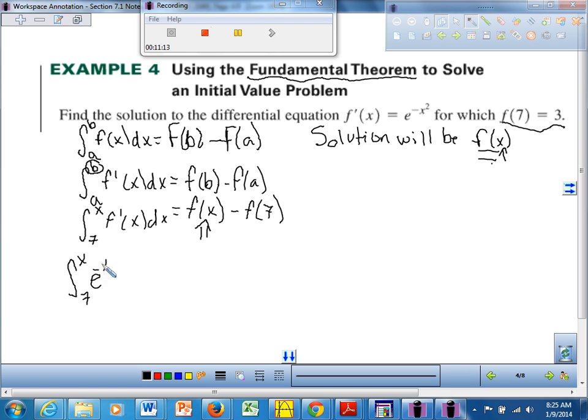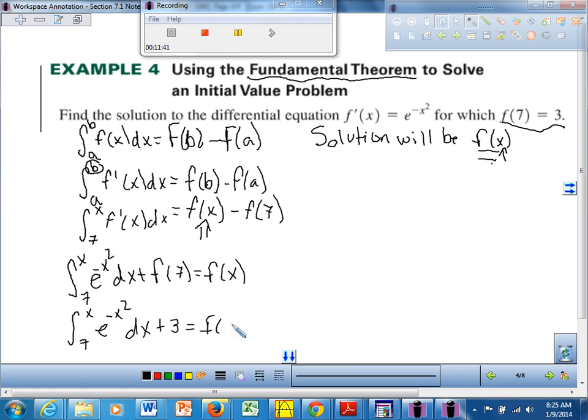E to the negative x squared dx plus f of 7 equals f of x. And then finally, what is f of 7? f of x equals the integral from 7 to x of e to the negative x squared dx plus 3. And there is the solution.